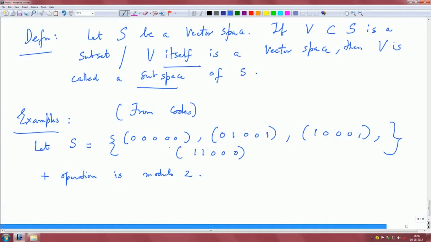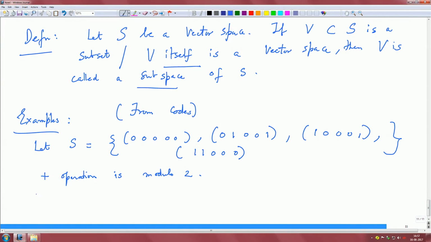So it satisfies all the properties, and over this binary field you can only think about zeros and ones as your scalars. So 0 times anything you are going to get back the 0 vector, 1 times this vector you are going to get back the same vector itself, and you can verify the distributive properties, etc. So this indeed forms a vector space, right?